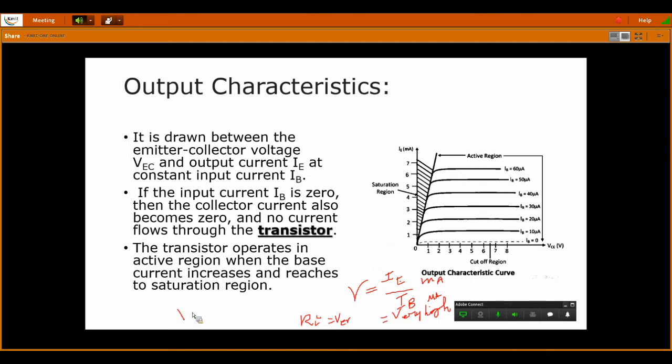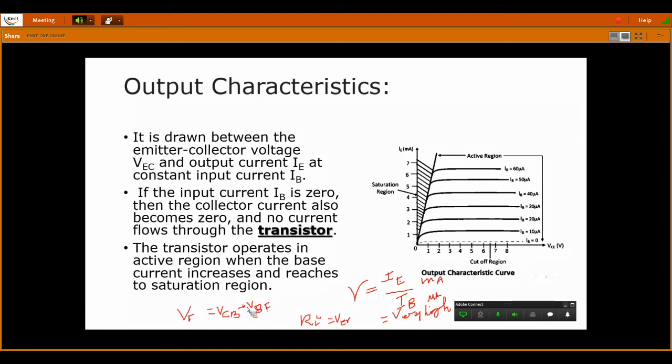As we have a relation in the transistor, the emitter to collector voltage is equal to the collector to base junction voltage plus the base to emitter voltage.